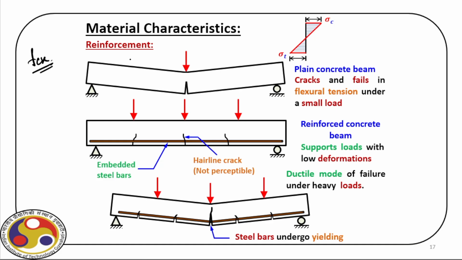Now we have reinforcement. The reason we have reinforcement, as you can see on this screen, is if we apply a force P here, obviously the bottom fiber is in tension and concrete is weak in tension, and therefore there will be cracks here, and that's the reason we need to have rebars in the tensile zone, right?